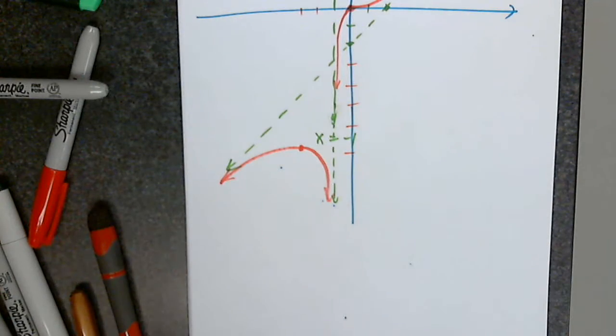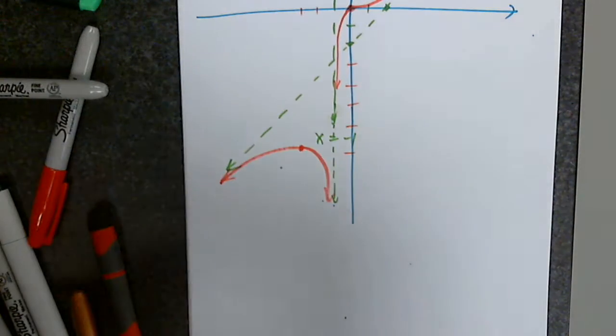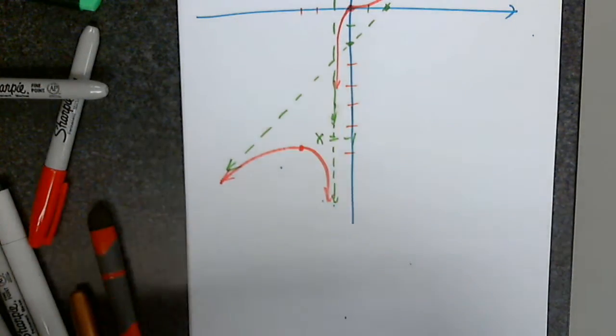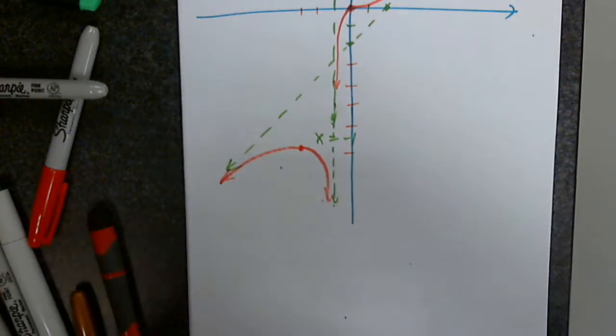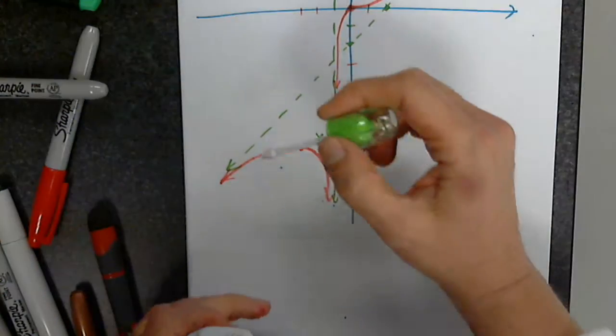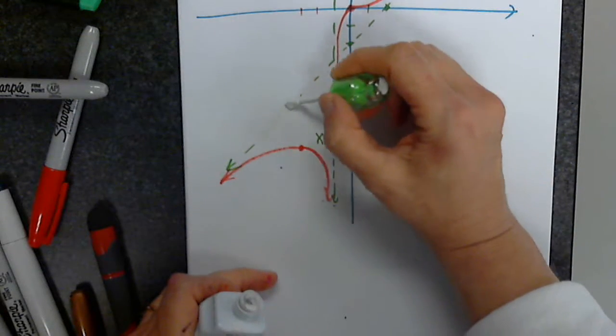Very good question. Excellent question. The slant asymptote, like the horizontal asymptote, talks about the trend at infinity. So I should be graphing, only don't erase anything, please.